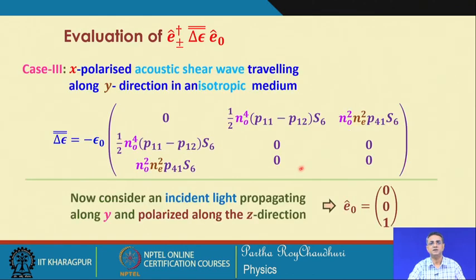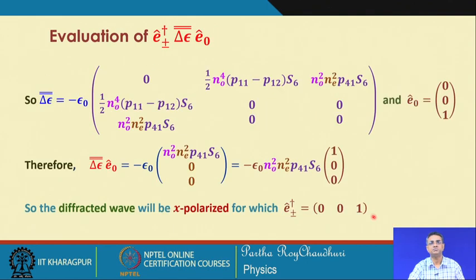This is again very interesting. You have started with a Z polarized light as an incident beam, and then the diffracted wave, this is your 1 0 0. This quantity was wrong, it should be 1 0 0. So, if you pre multiply with 1 0 0, then only this quantity will represent the coupling coefficient multiplied by this mu naught omega square and other parameters.